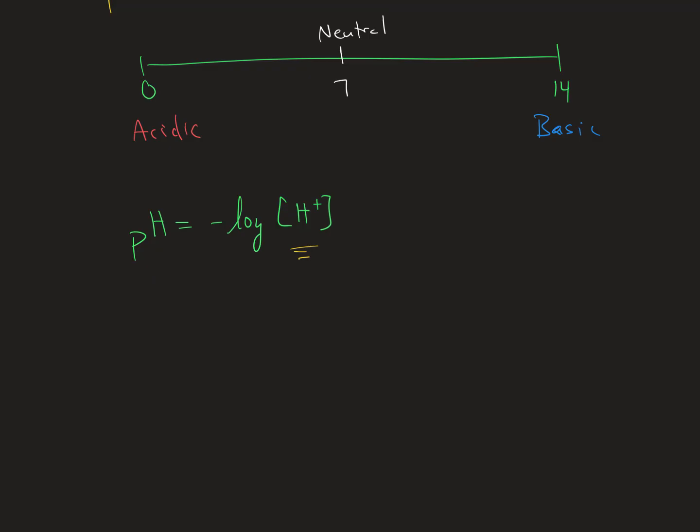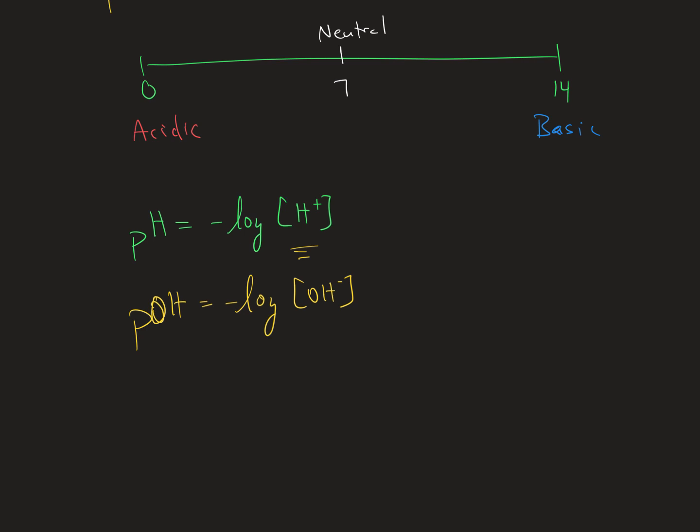And we could also find the pOH. What do you think the pOH is? The power of the hydroxide ion concentration, and that's equal to the negative log of the hydroxide ion concentration. Anybody ever heard of a pOH before? Yeah, that's goofy. We never check the pOH, so we use it to help us calculate the pH.